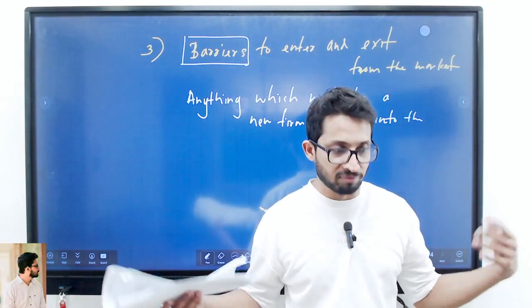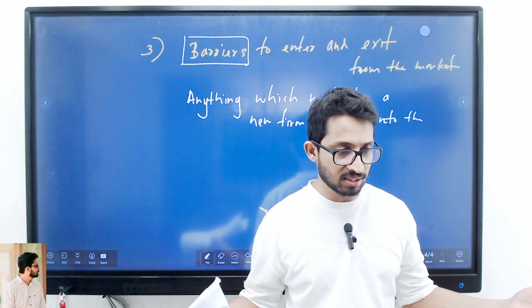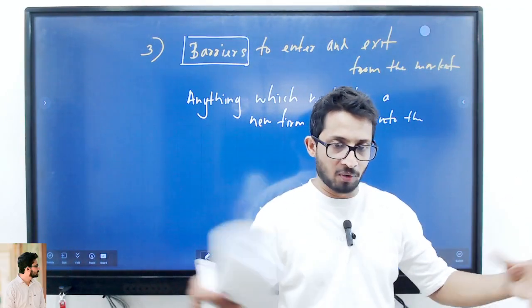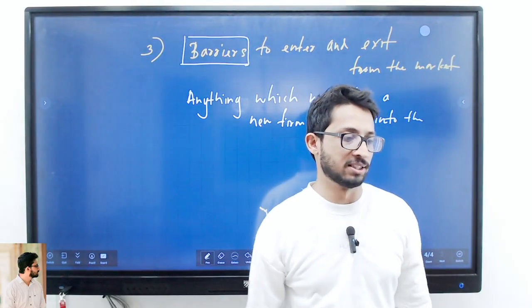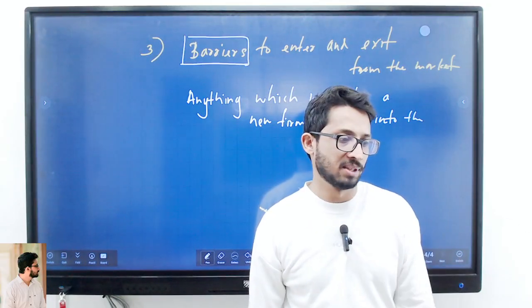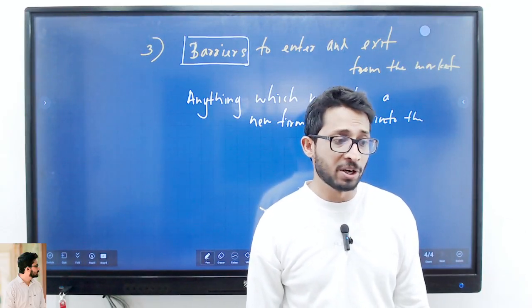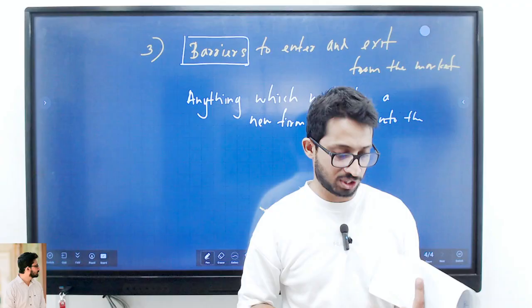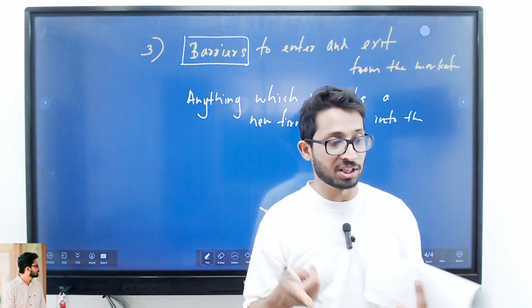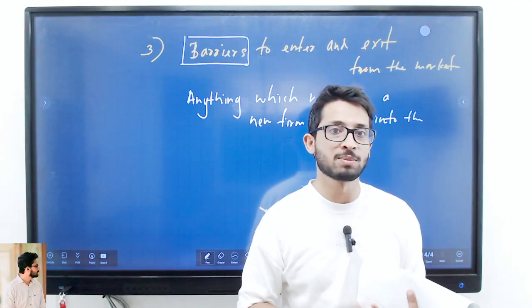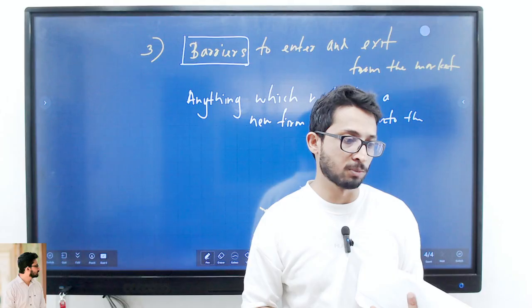Then the investors should be willing to enter the market of producing airplanes. Why can't they enter easily? Producing an airplane is not simple. Number one, technical knowledge. Other one is huge capital, machinery and all. The initial investment.